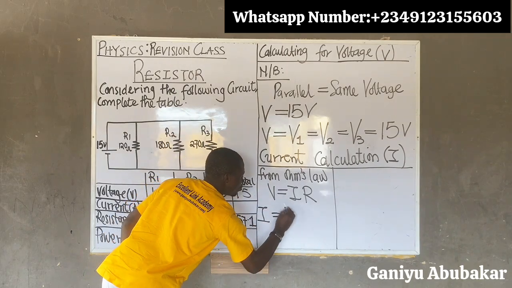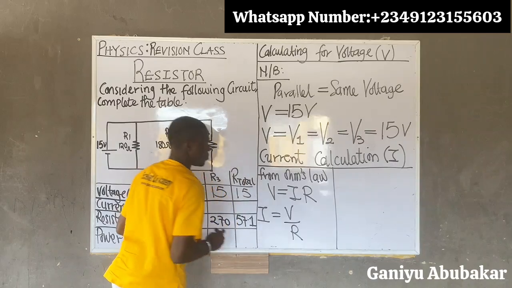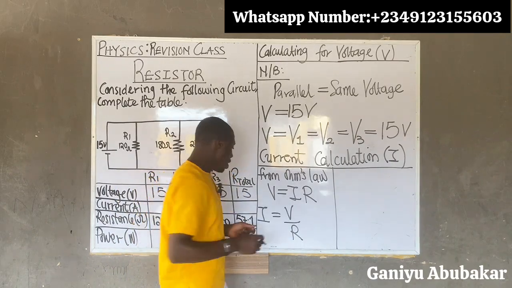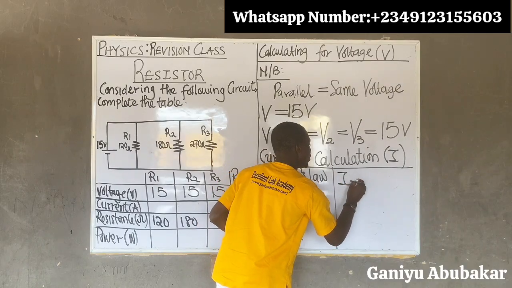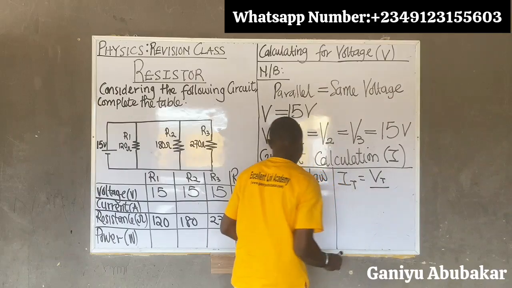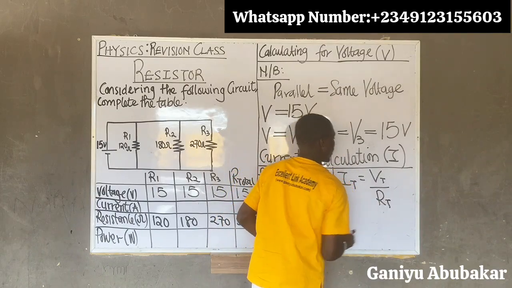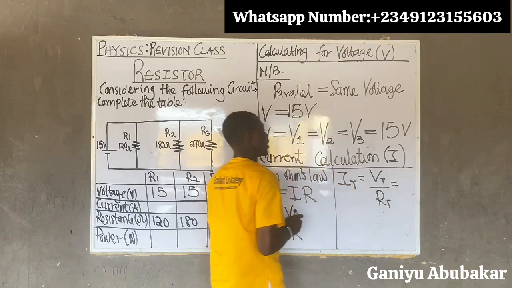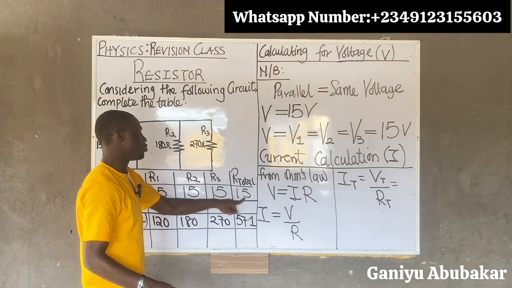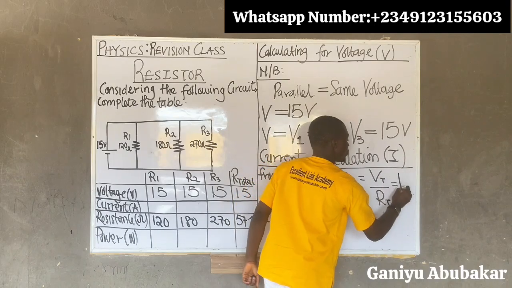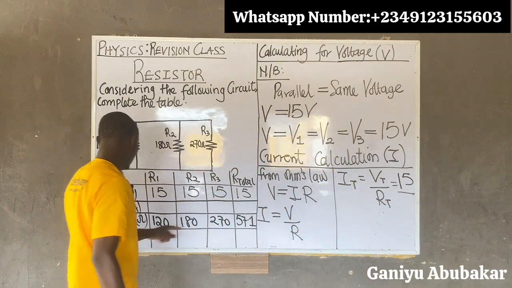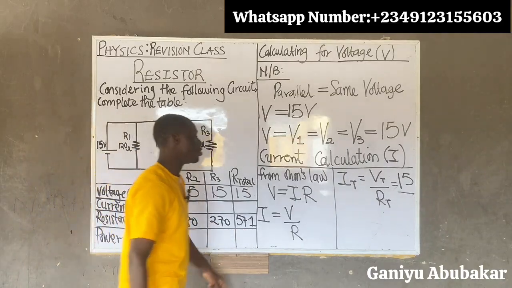I will be equal to V over R. Expressing this in terms of totals, I have that I total will be equal to V total all over R total. What's my total voltage? Total voltage here is 15. That's 15 all over R total, my total resistance, which is 57.1.